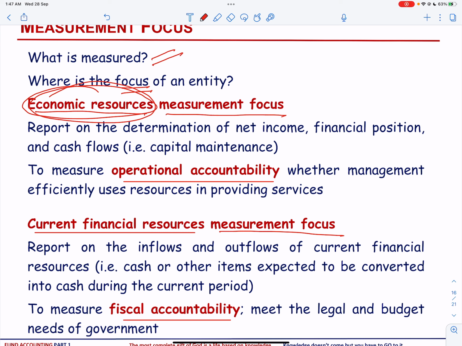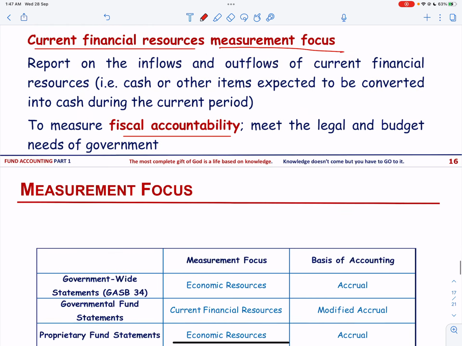In full accrual basis of accounting, we measure all assets and all liabilities. We will be focusing only on two of them, that is full accrual basis and modified accrual basis. Let us talk more about them with the help of an example.